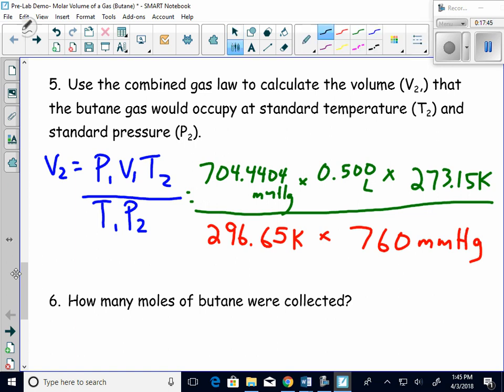If I go through, I have Kelvin on the bottom, Kelvin on the top, millimeters of mercury, millimeters of mercury. So my label here is going to be liters.